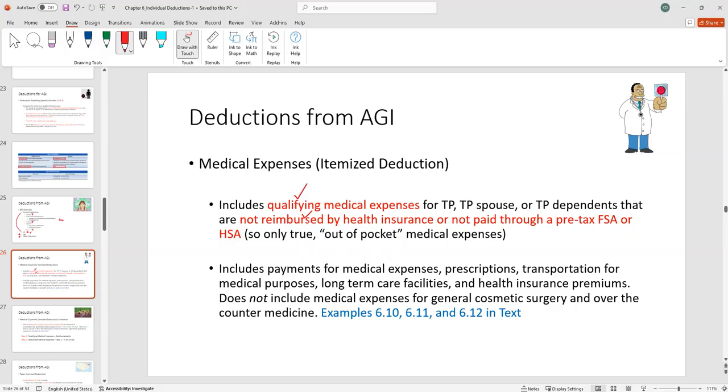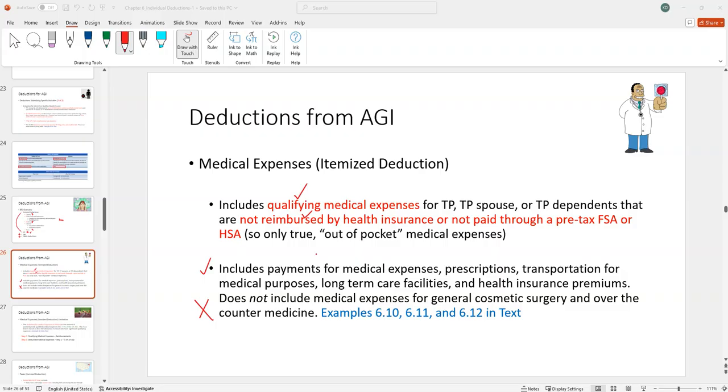Typically that's what you think of: seeing the doctor, prescriptions, transportation costs to the doctors, monthly health insurance. All of that is good stuff; it counts. What does not count would be things like general cosmetic surgery, like elective procedures. Maybe you're going to get a tummy tuck or something like that. That would not be a qualifying medical expense, as well as over the counter medication.